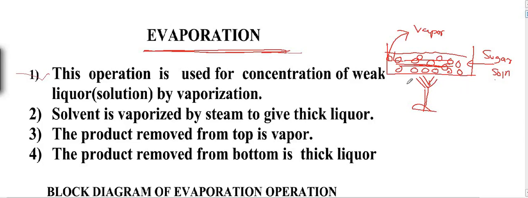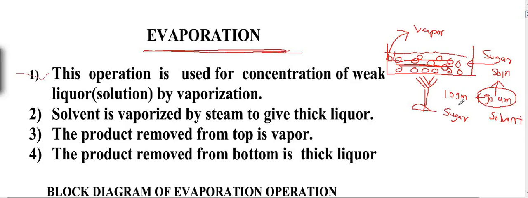Suppose in the beginning we have 10 gram sugar and 90 gram water. Water is the solvent. When we heat this sugar solution, out of this 90 gram of solvent, a certain part of the water gets vaporized and removed.